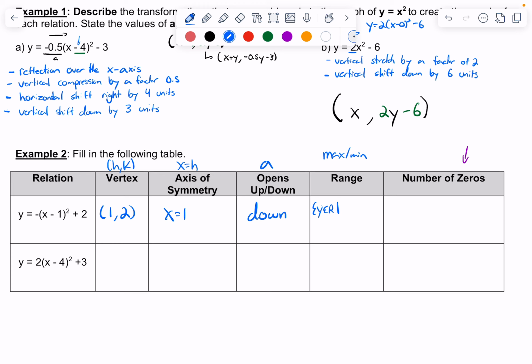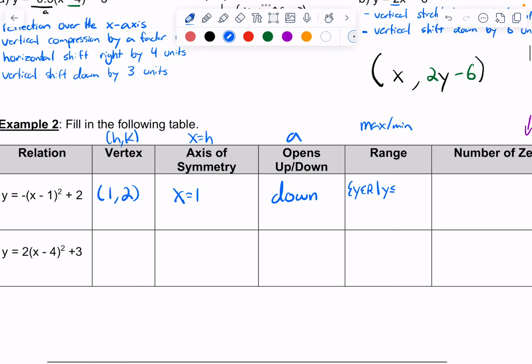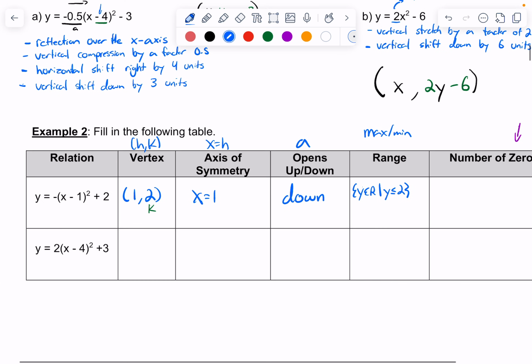So in this case, because we're opening down, we have a maximum. That means y values will always have to be less than or equal to whatever that maximum is, and that's at your k value here. So that would be less than or equal to 2. So y belongs to real numbers, but y's have to be less than or equal to 2.